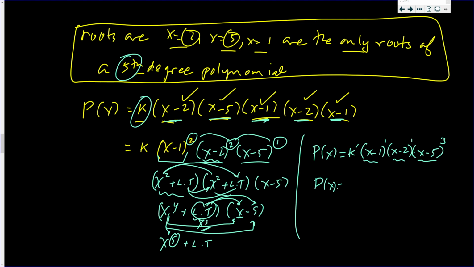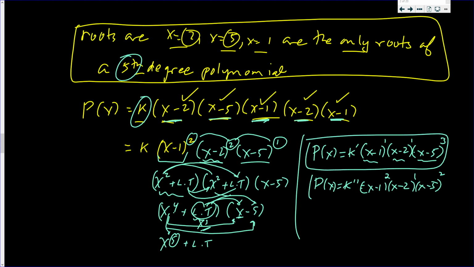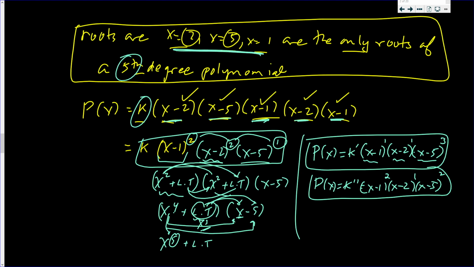Another student, k double prime, they're going to have x minus 1, x minus 2, x minus 5. Maybe they'll have 2, 1, that's 3, and 2 more. This answer, this second answer, this third answer, they're all different. But they have these 3 zeros, and only those 3 zeros, and the degree of the polynomial is 5.